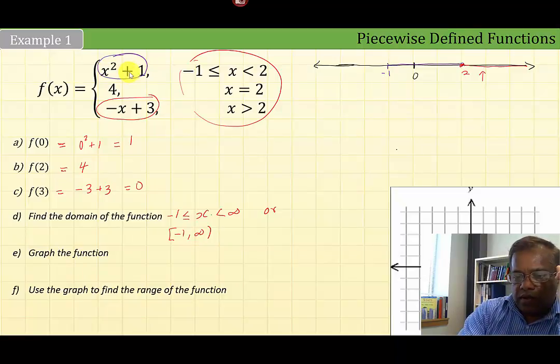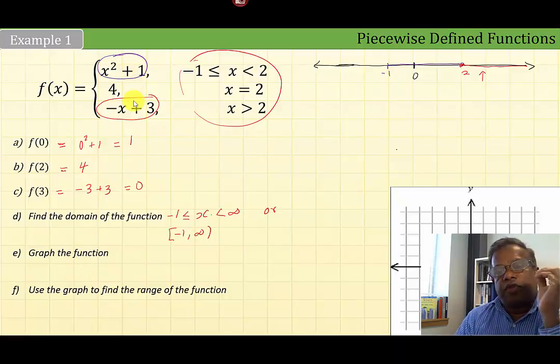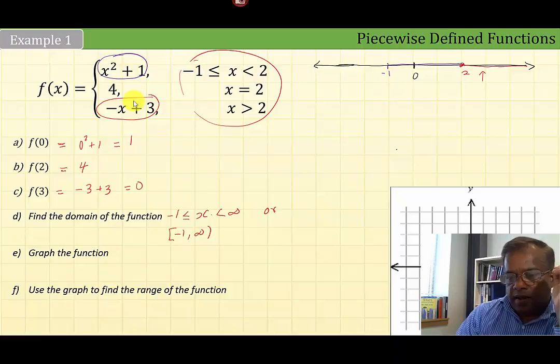Now the part E, they ask you to graph the function. So we need to graph three parts of these functions. So if you look at each part, f of x equal to x squared plus 1, we know it's a graph like that, parabola open upward. So it's a curve. So we need at least 3 points to graph a curve. So the strategy is to use these endpoints as the points that we're going to use.